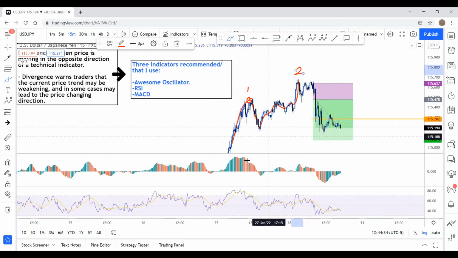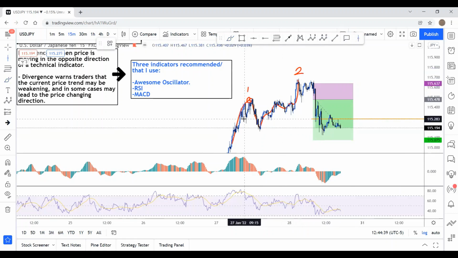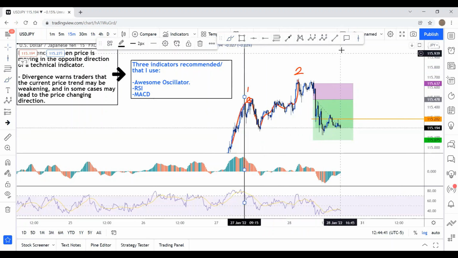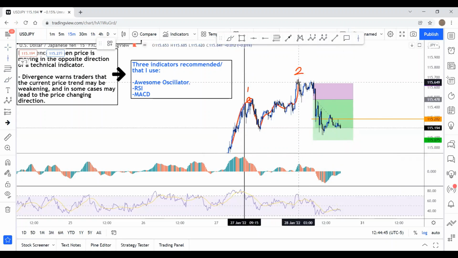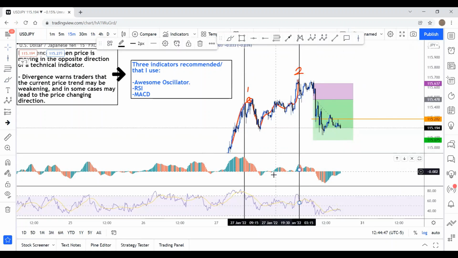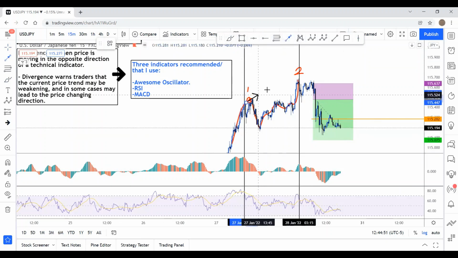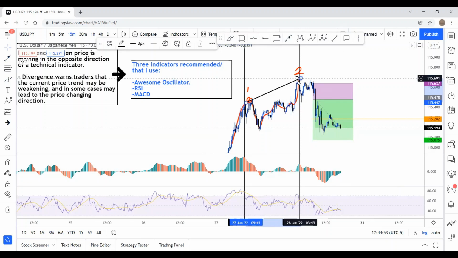That's the number 2. Now, if we come down here and look at the indicator, we can spot the peak over here. That's 1. And then we can spot the second peak over here. That's 2. Now, what you notice is that price is going upwards, correct?